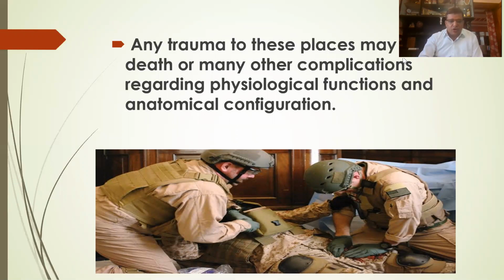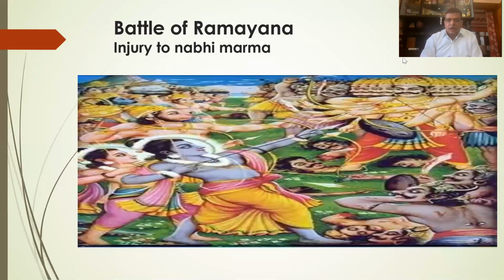So you all know about these vital points, as modern surgeons also know these are vital points. Now let us see how these points are referred to in our Vedic literature or holy literature. I am giving you a historical background, the Battle of Ramayana.